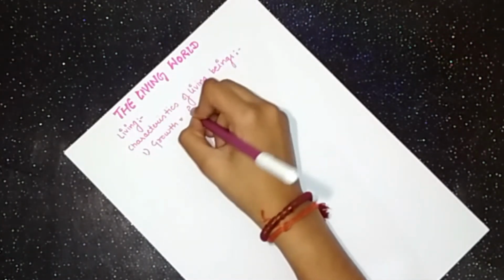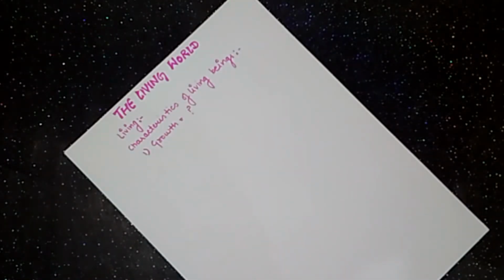What is meant by it? Growth simply means increase in mass and increase in number of cells, or you can say individuals. In plants, you can see a meristematic area is present, and in plants you can see indefinite growth. In animals, you can see definite growth.